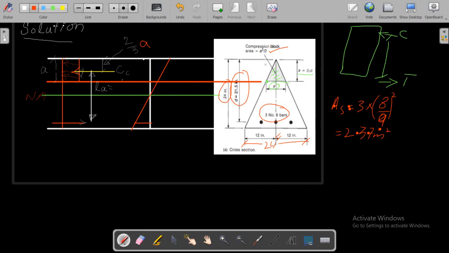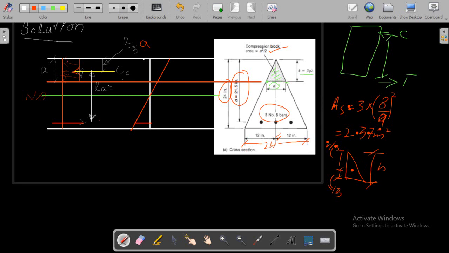In the case of a triangle, the centroid from the bottom is 1/3, and from the top it is 2/3 of the total depth. You must remember this from your engineering mechanics.